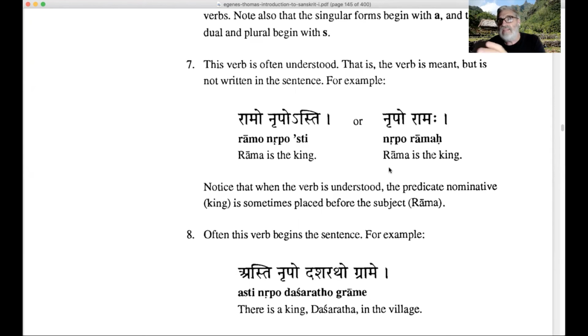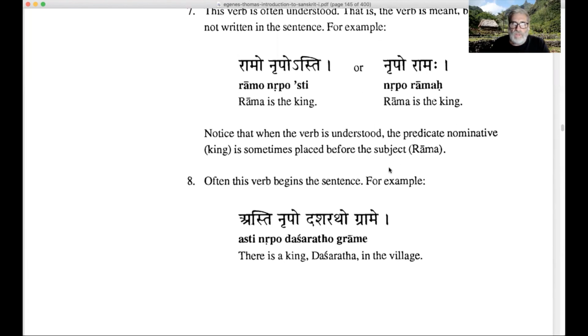Rama is the king. There might be other kings, but this one is Rama. We're using one noun to describe the other noun. Therefore, one noun is like a visheshana, an adjective, because it's in the same number and case. There's no need for a verb there. It's just understood: Rama is the king, or there is a king, Rama.